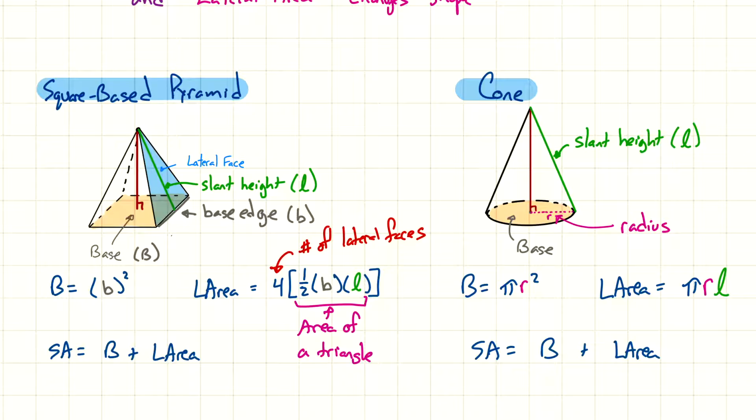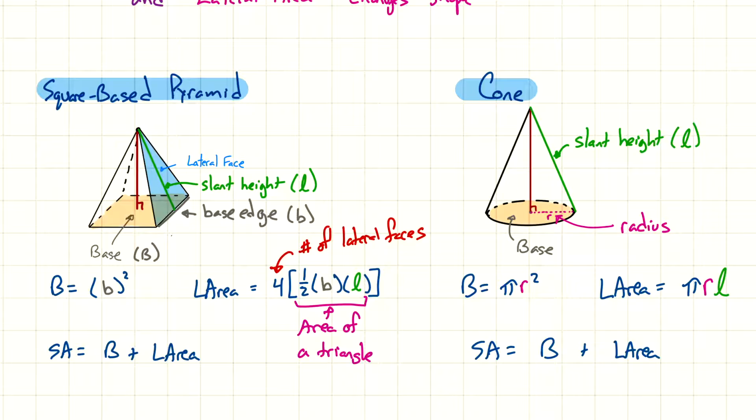So same idea with a cone, except there's a lot less. You'll notice there's a lot less going on in this diagram. This is why I really like working with cones and cylinders. It's just anytime there's circles involved, it becomes so much easier. Because all we really need to know is the radius. So if we know the radius, right away it's going to give us an easy way to find the area of the base.